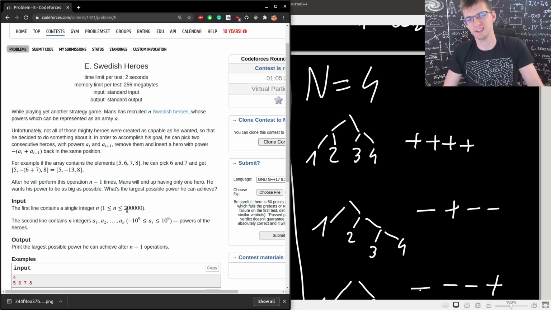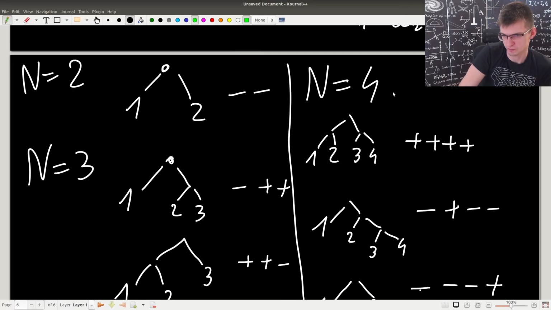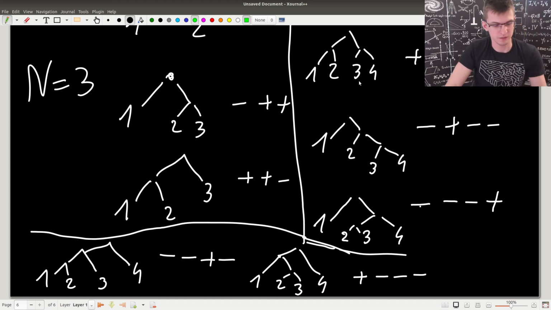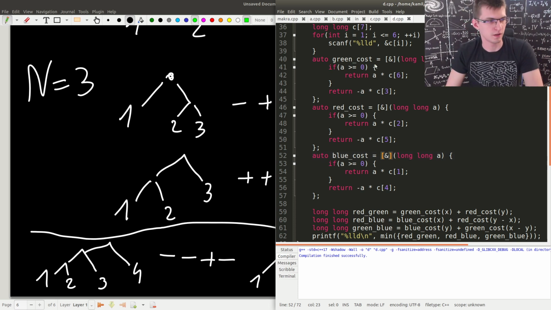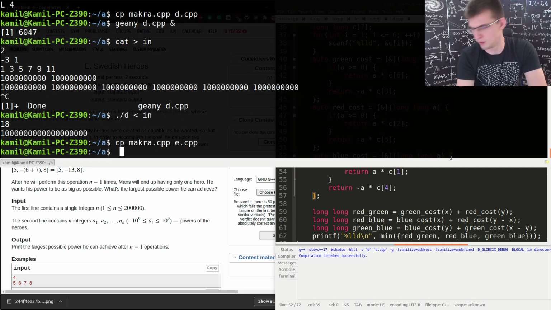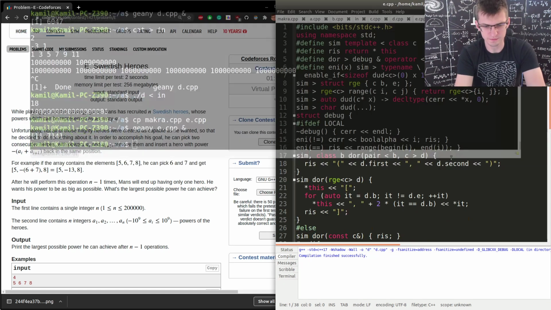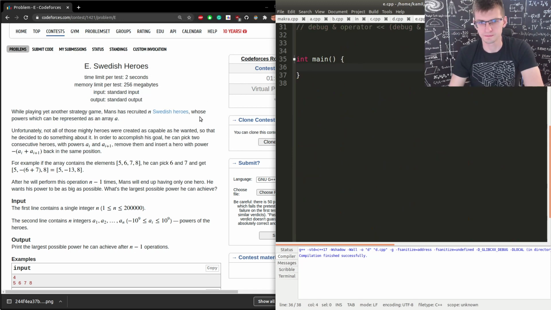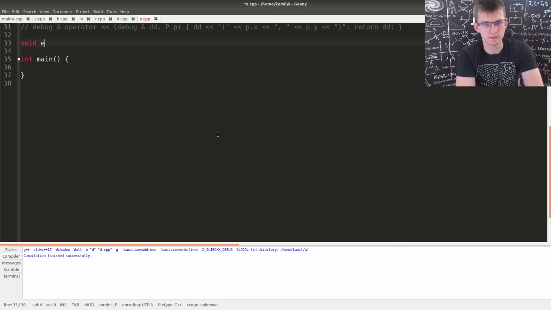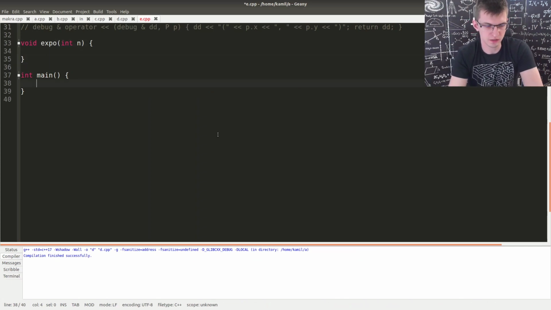This cannot be any dp because n is too big. Well, let's try to write a brute force to give us some information. It's exponential.